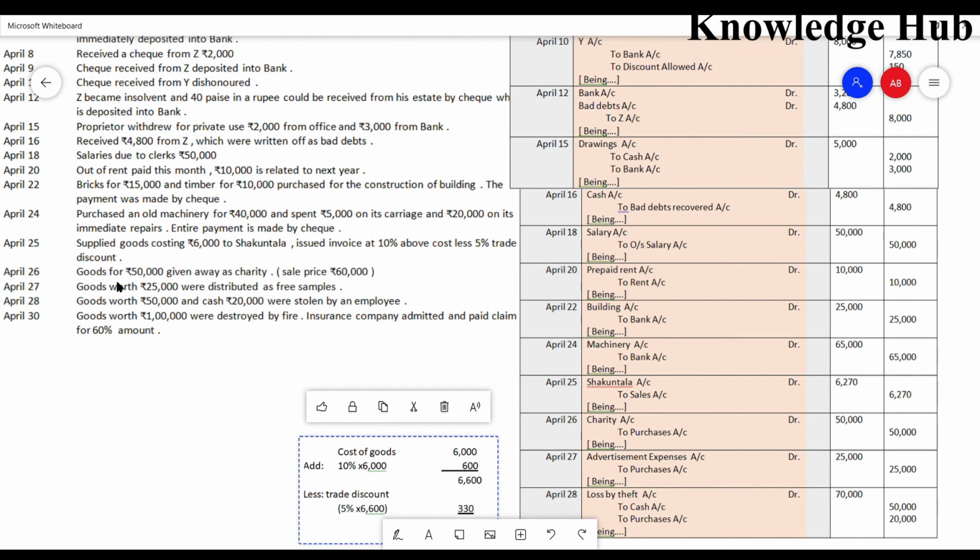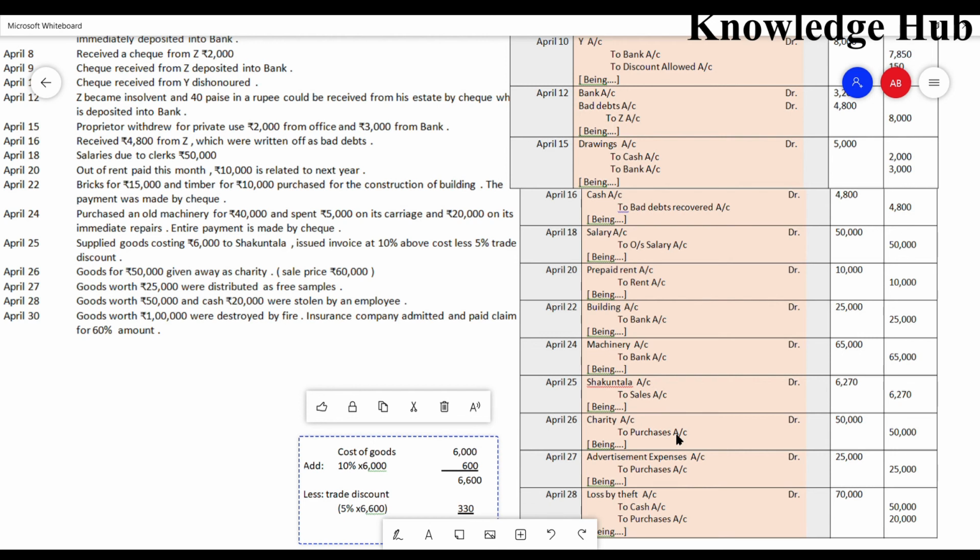April 26. Goods for rupees 50,000 given away as charity. Sell price of such goods was 60,000. So I have given it in charity. These are goods. So my entry goes charity account debit, being an expense it is debited, for 50,000 to purchases. Since it's not sales, I cannot credit it to my sales.